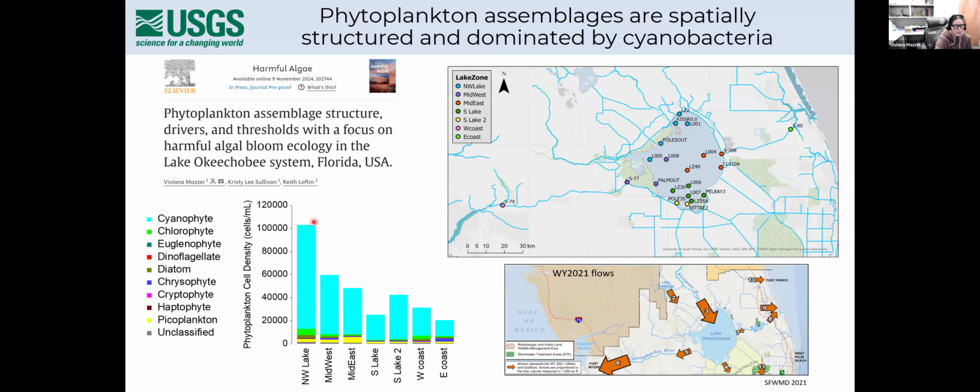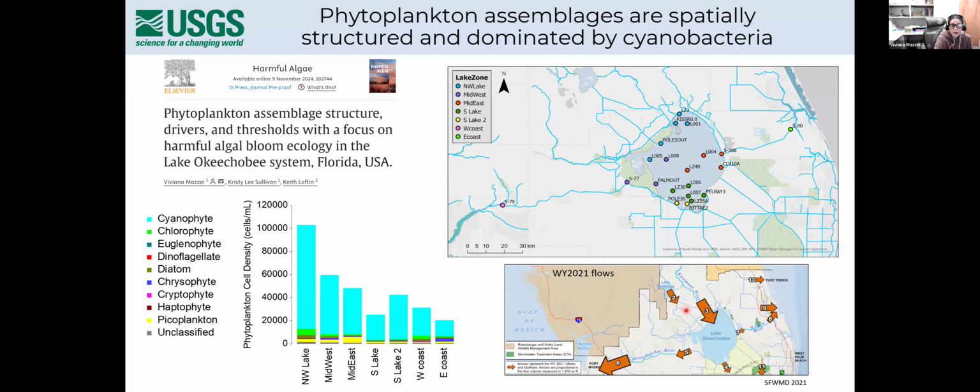The graph down here is showing the total algal cell densities at each of those zones averaged over the 32-month sampling period. And we could see that the highest total algal concentrations were found in the Northwest Lake Zone, so this area up here, and decreasing as we move south in the lake.